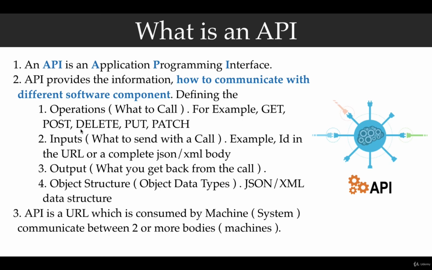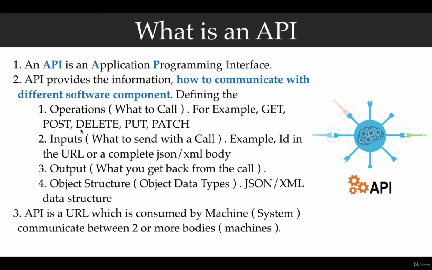The API is returning the order, and that order contains different attributes like order number, when the order was placed, what is the status, what is the total number of units inside that order, and all the items that order contains. We can also say API is a URL that a machine consumes to get the data or to send the data to another machine.